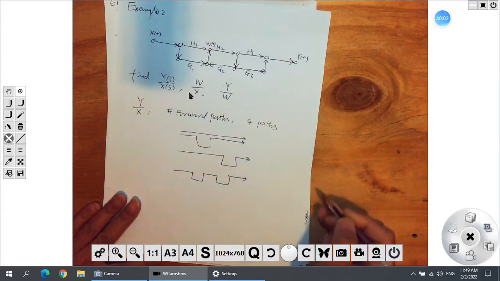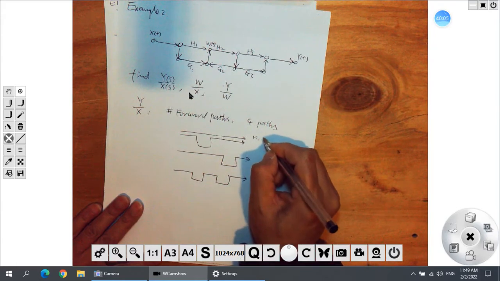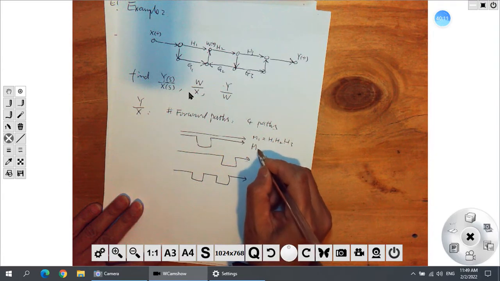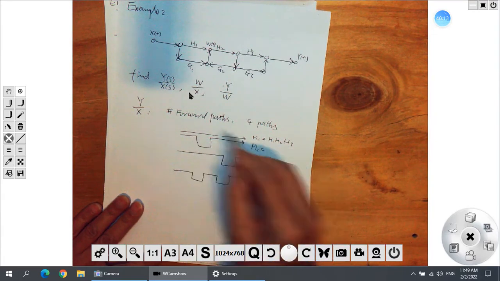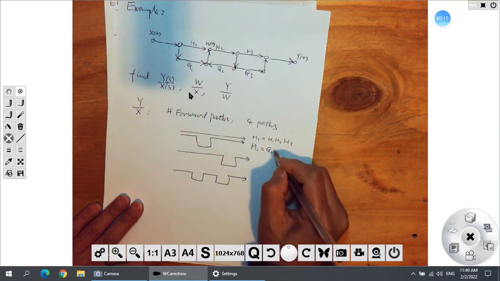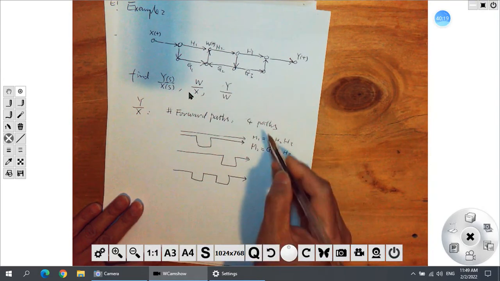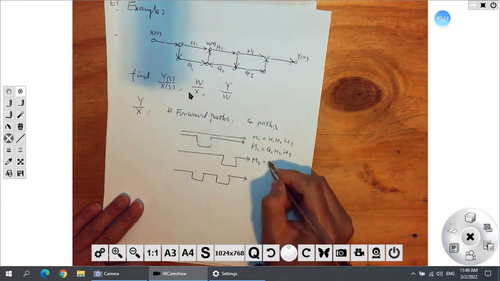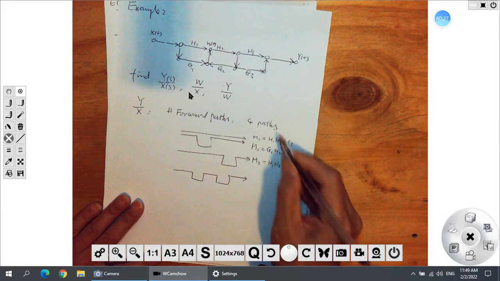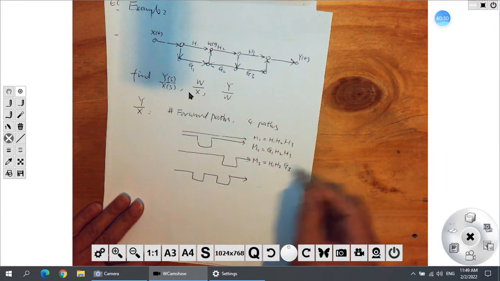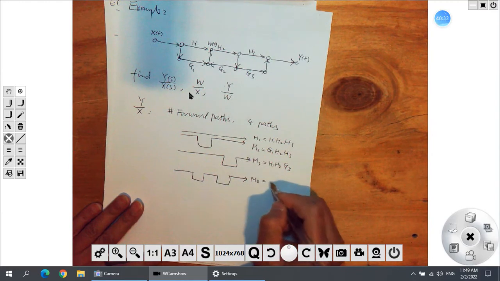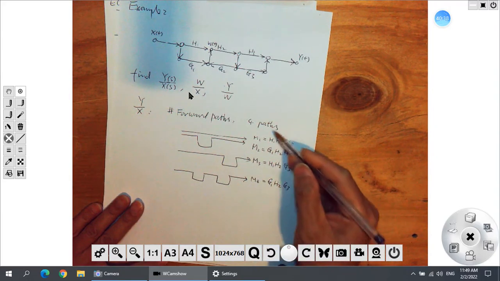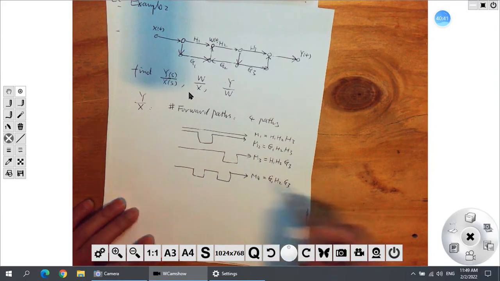We have M1 equal to H1, H2, H3, and M2 equal to G1, H2, H3, and this path is M3, which is H1, H2, G3. And this one, M4, is G1, H2, G3. So we have 4 forward paths, and the loops.